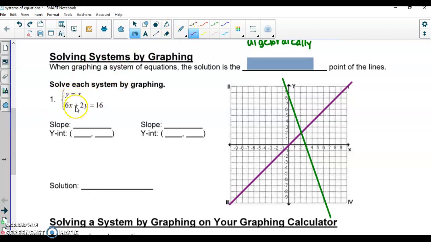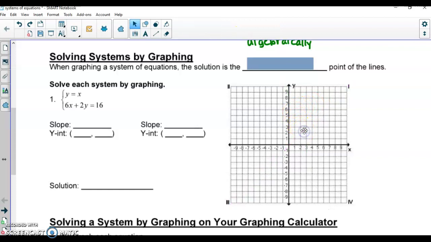When I have a system, I would recommend using two colors to graph your lines. So first equation, y equals x. Pick a color, maybe put a dot in front of the equation so that you know what color you are using to graph.